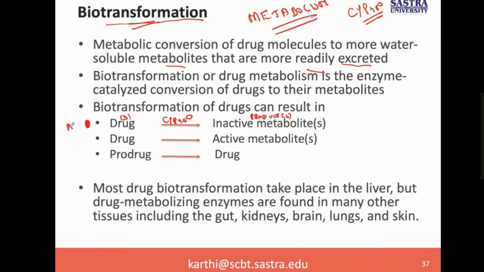The first case is that the initial drug molecule is in its active form, and its metabolites after metabolism by cytochrome P450 enzyme may be inactive in nature, which means the metabolite cannot produce any desired biological response.